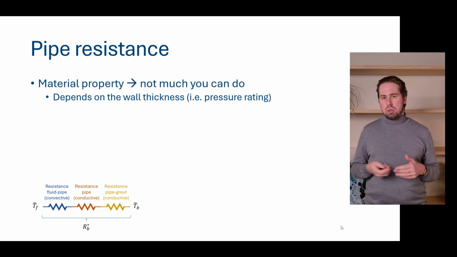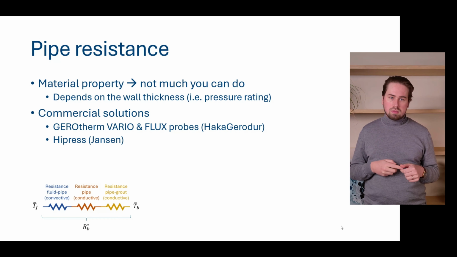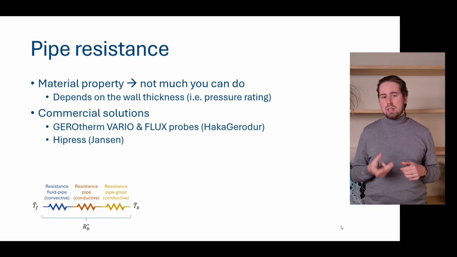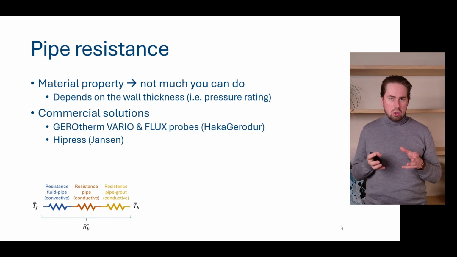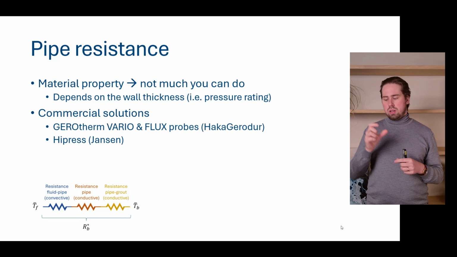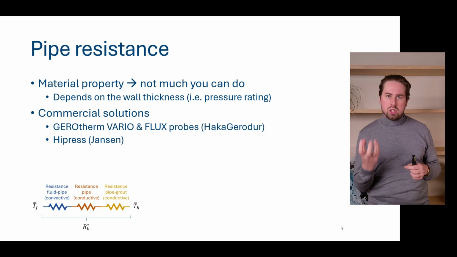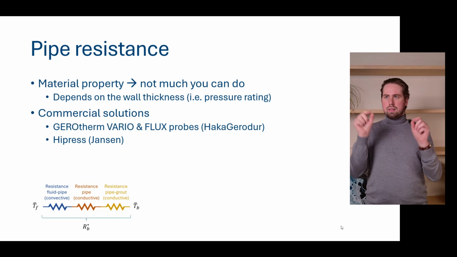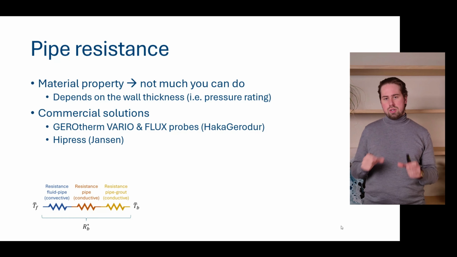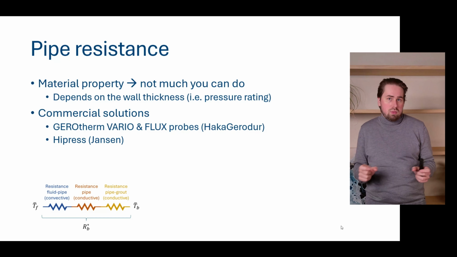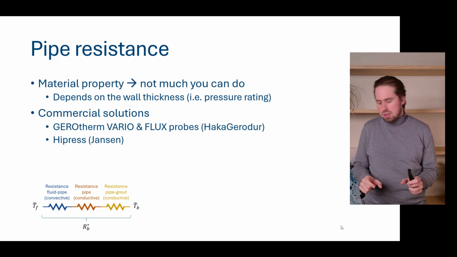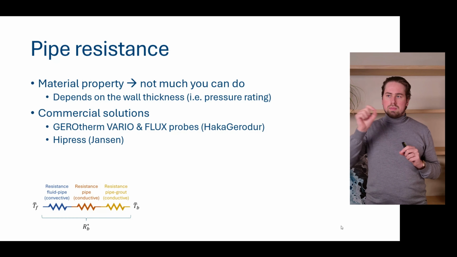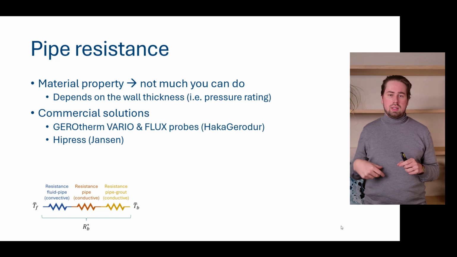Now, there are also commercial solutions to overcome this. For example, Haka has developed some conical probes called the gerotherm vario and flux probes, where they say, well, you only need this high pressure rating at the bottom of your borehole. So they make their wall thickness conical so that at the critical point, you have the critical wall thickness, the big wall thickness, but at the top, you have a smaller wall thickness.